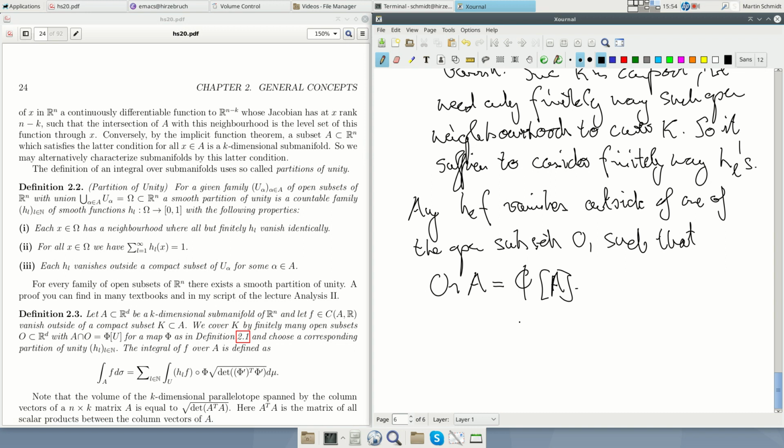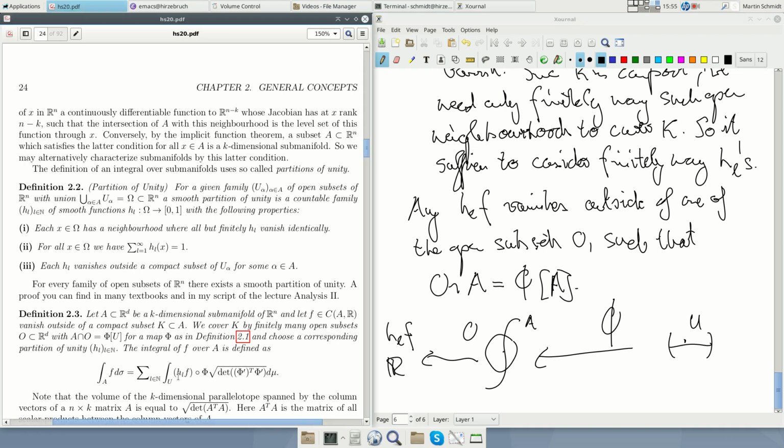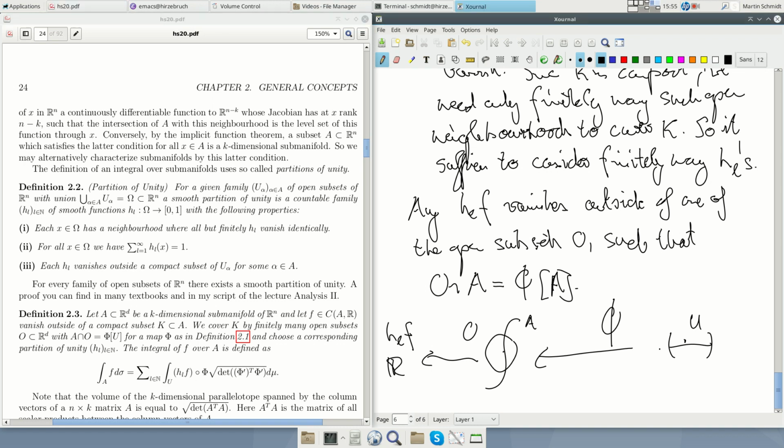Let's draw again our picture. We have here our subset O. We have here our map phi, and here we have the interval U. And then we have the map H_L f, which goes to R. The composition here is now a map on U with compact support, because this is compact.